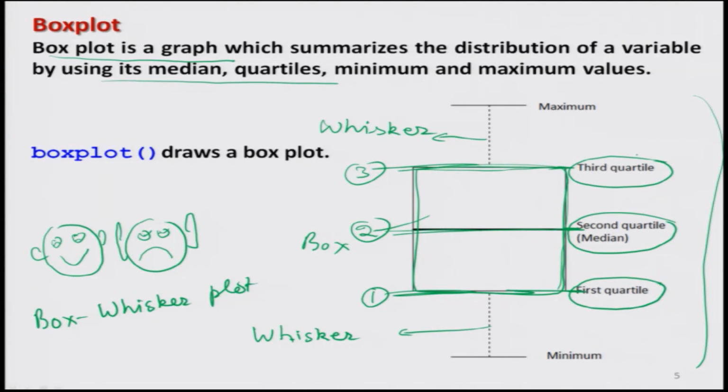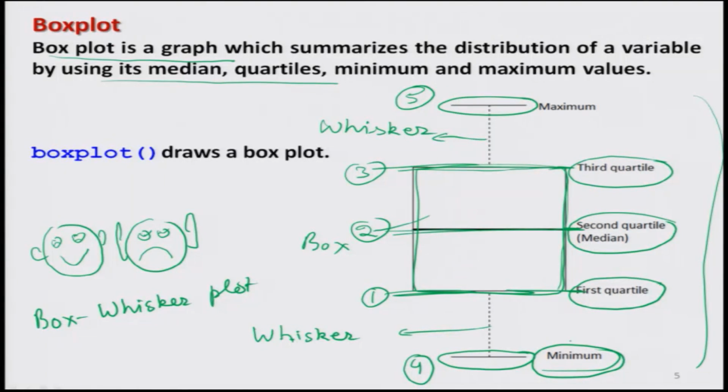And similarly here two more values, one is here, say line number 4, minimum, and another is here, say line number 5, maximum. So this line number 4 is denoting the minimum value of the data, and line number 5 is indicating the maximum value of the data.